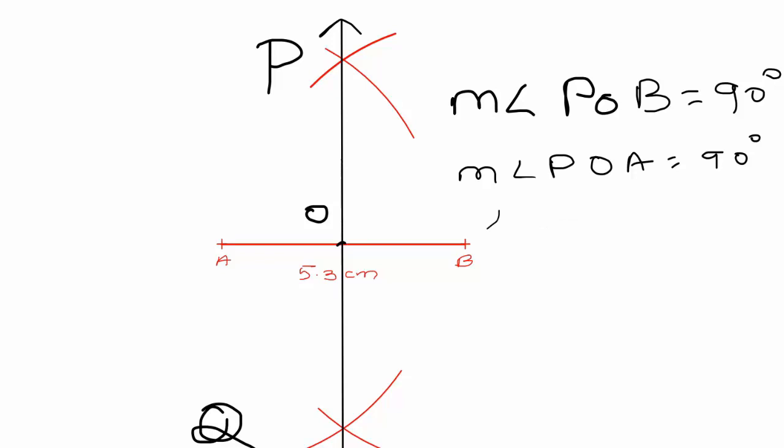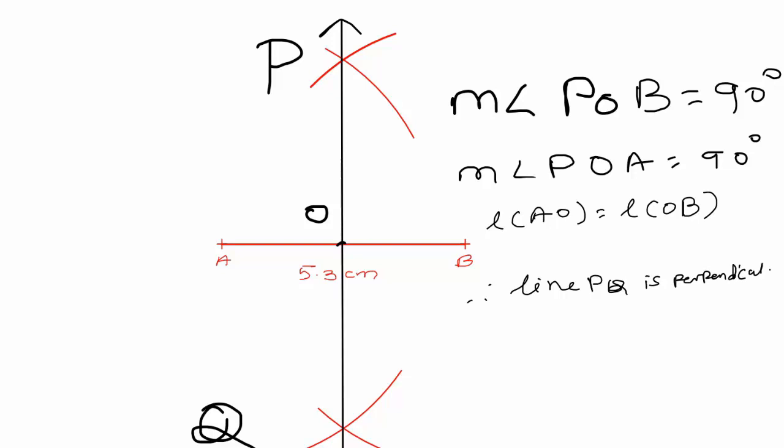Here length of AO is equal to length of OB. Therefore, line PQ is the perpendicular bisector of segment AB. This is the required figure.